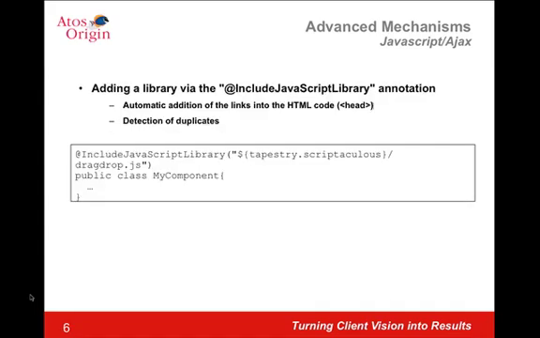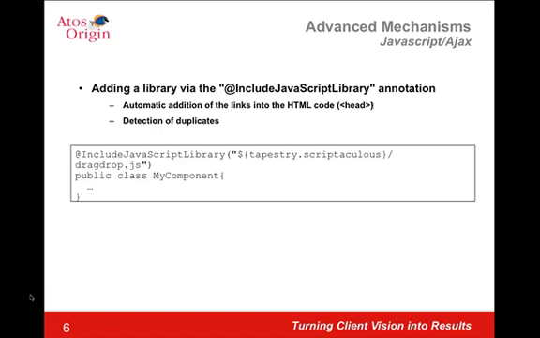Another possibility for adding a script to your page is to use the @IncludeJavaScriptLibrary annotation. You have to put it at the top of your class. In this example, we have a component, MyComponent, that needs the drag-drop.js file. We just have to annotate the class with this annotation and specify the path of the JS file.